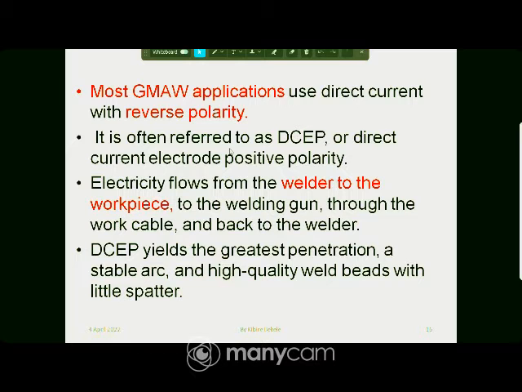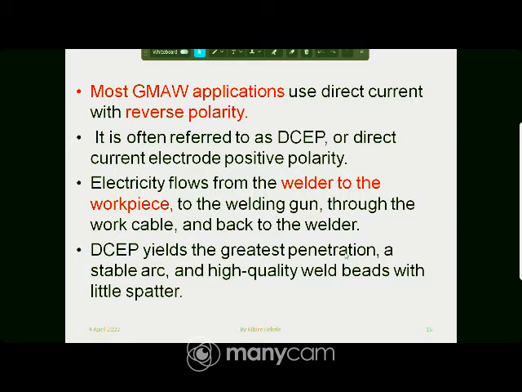As we already discussed, most gas metal arc welding uses direct current reverse polarity, or direct current electropositive. Direct current electropositive yields the greatest penetration because the high heat is on the electrode.